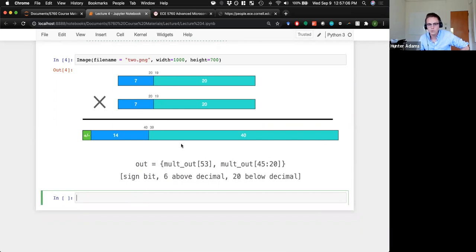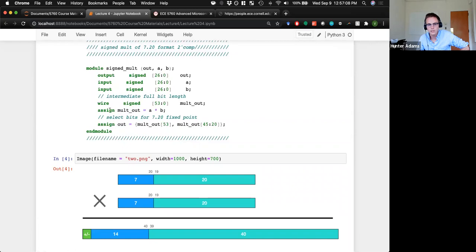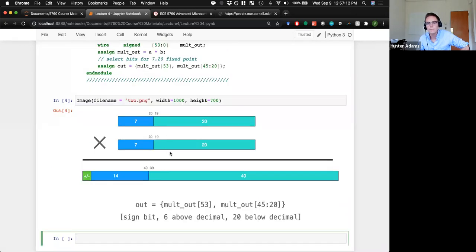When we do that first multiplication, so this line here, when we're just multiplying those two numbers, the result of that multiplication will be a value that is twice as wide as both of the inputs. So it'll be a 54-bit wide register where 14 bits will be above the decimal and 40 bits will be below the decimal. So in the output, the decimal, after multiplication of these two fixed point numbers, will be between bits 39 and 40.